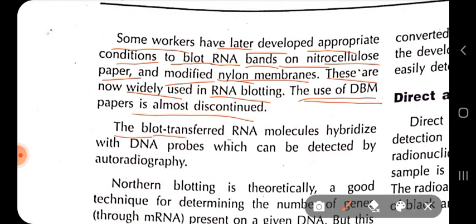The blotted RNA molecules hybridize with the DNA probes. Here also we can use DNA probes. Well, RNA probes can also be prepared, but here also we can use DNA probes attached with suitable radioactive isotopes or fluorochromes, which can be detected by autoradiography.